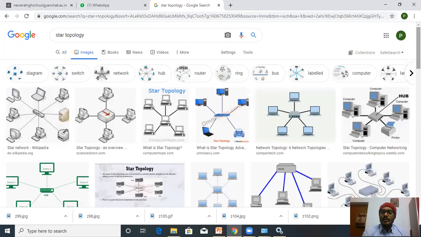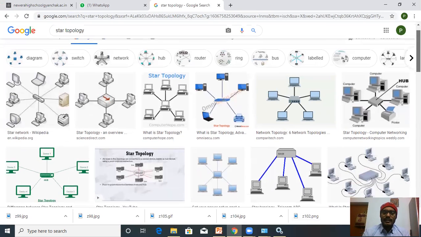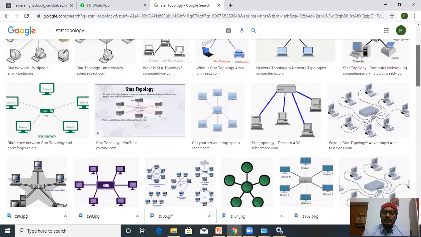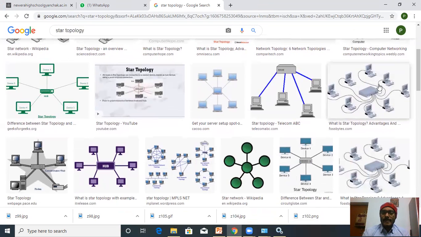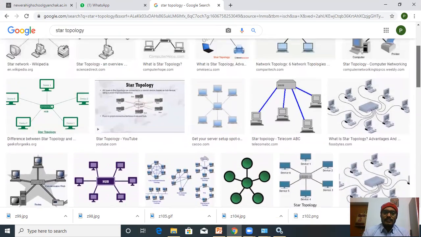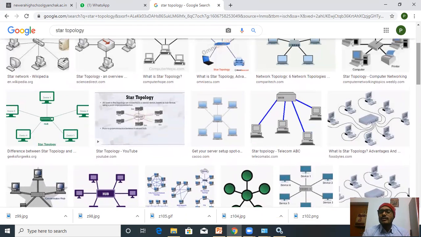These types of topologies are used nowadays for giving connections in offices or for network connection in an organization. This type of topology is also used in an online examination center, where there is a switch which is attached to all the computers in a network.